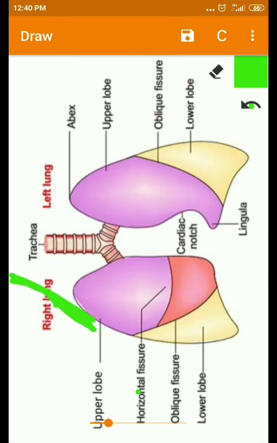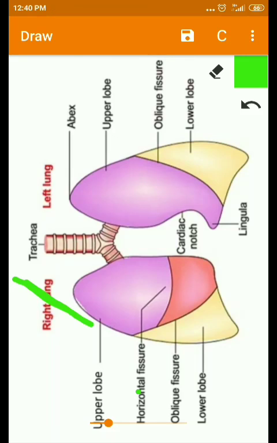Scalenus medius muscle. This is also another neck muscle. The scalenus muscle has three types of fibers: scalenus anterior, medius, and posterior. So this scalenus medius is related to the lateral side of the apex of the lung. Okay.